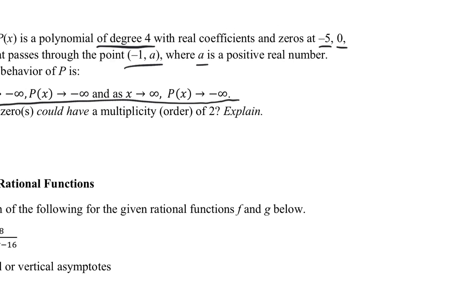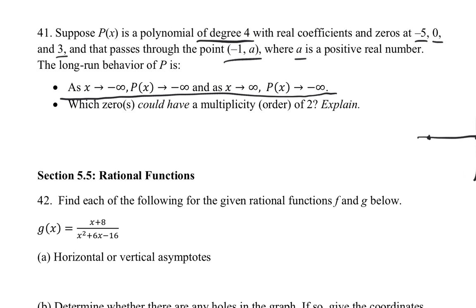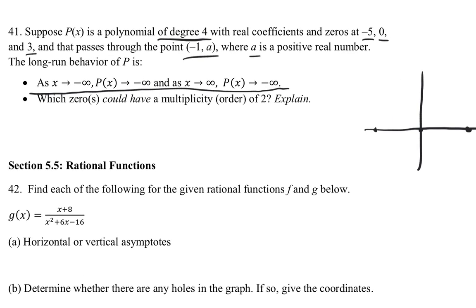So what I'm going to do first is I'm just going to draw out our graph. We have a 0 here, here, and here. We know it's 4th degree, so one of these is going to have a multiplicity of 2. And it goes through a positive point over here, so it's going to be positive.